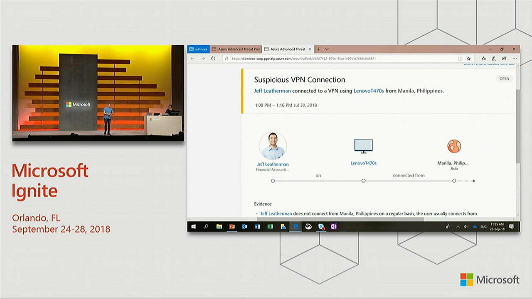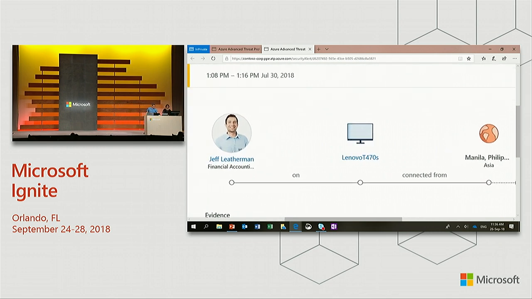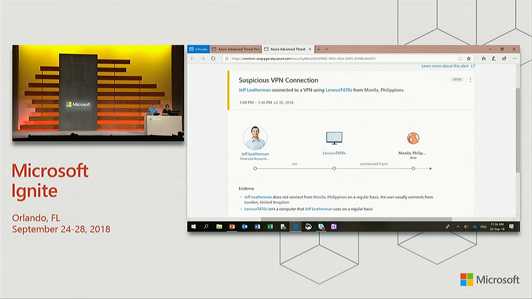Suspicious VPN connection. As Astrid has mentioned, everything we're doing today in Azure ATP is all about identities. Our mission and our goal is to learn everything that the identity is doing, how the identity behaves. For example, Astrid, what devices you are connected from, what kind of resources you are using, what kind of servers you are RDPing to, how you usually connect via VPN.